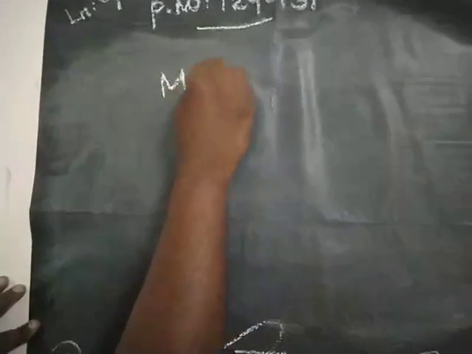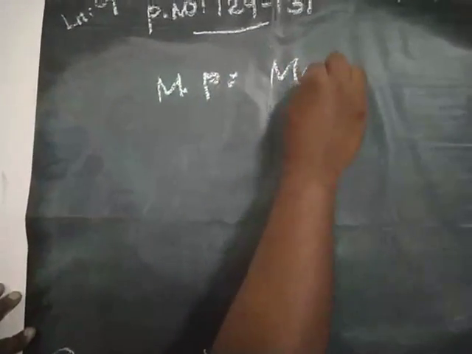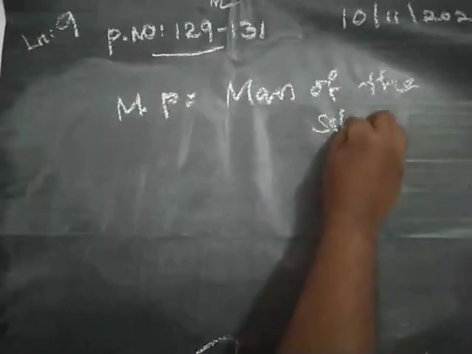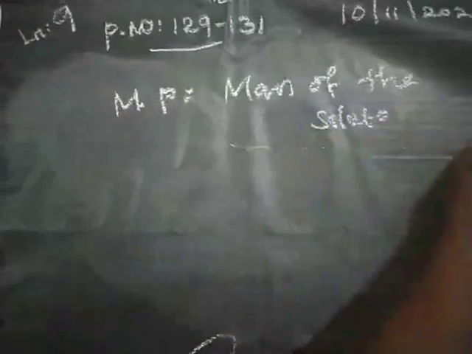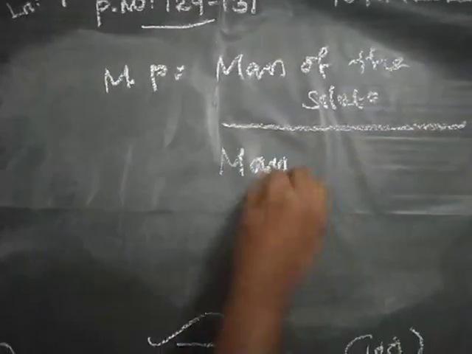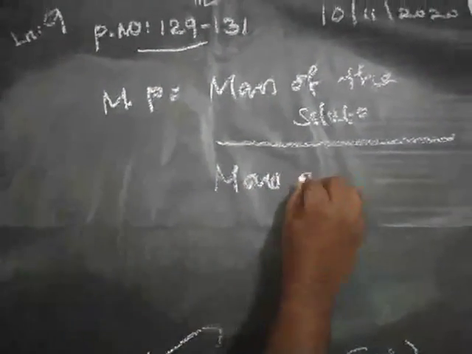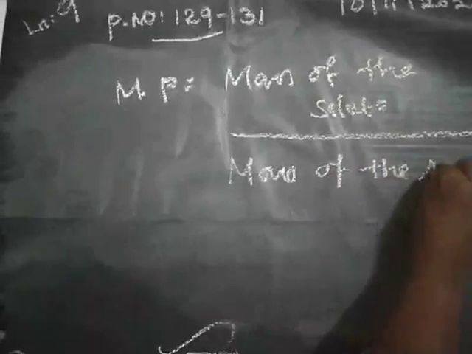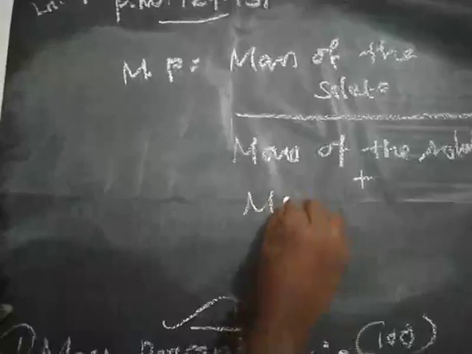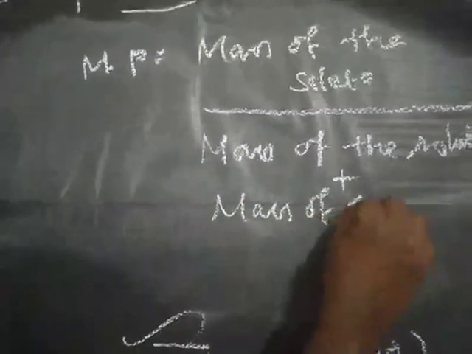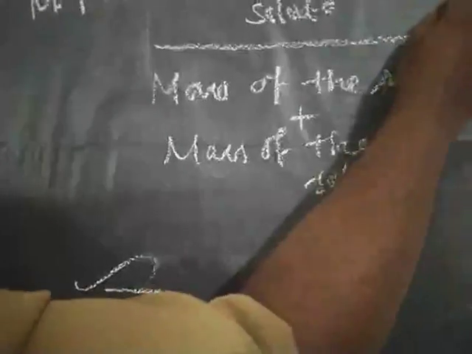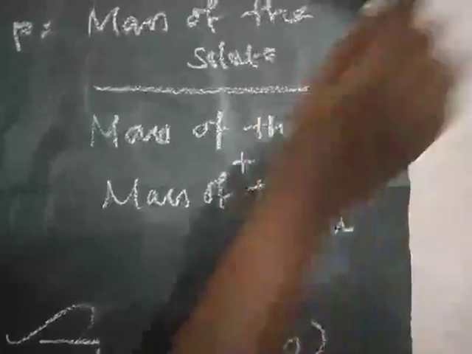Mass percentage is equal to mass of the solute divided by mass of the solute plus mass of the solvent, into 100.